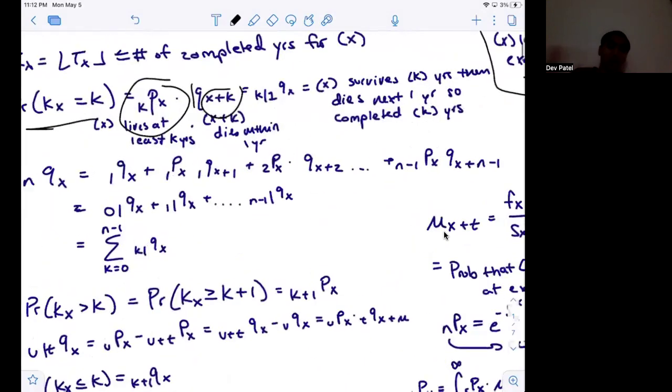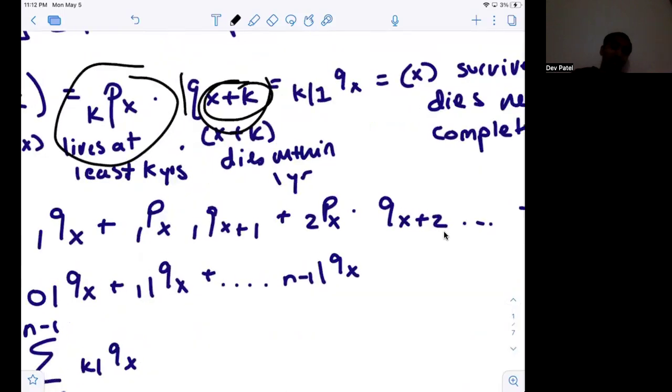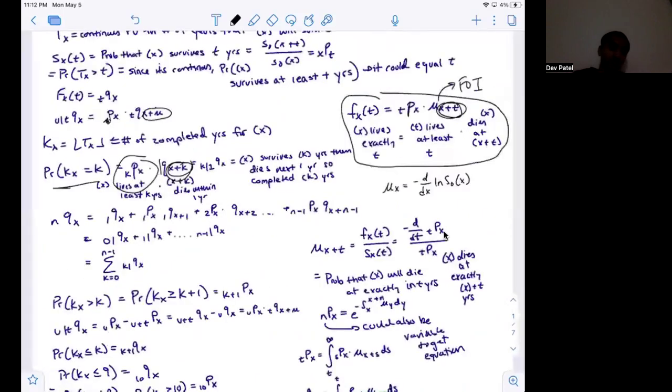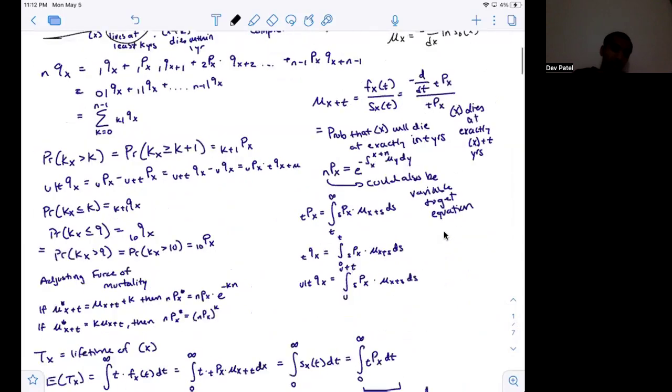It could be anything past K, but to ensure that we don't go beyond the year, so we don't go beyond 2 or 3, we want to multiply by the probability that X plus K dies within that next year. So that's when we do the product of those, that's when we get the probability that Kx equals K.